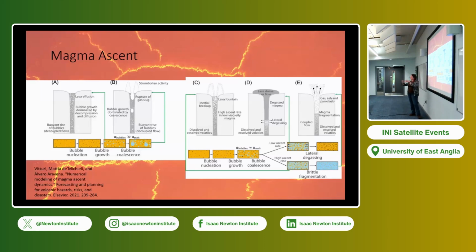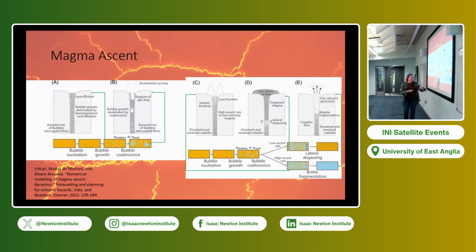Sometimes they take up the entire conduit, and when they get to the surface, they burst. So we call this kind of Strombolian activity after, obviously, Stromboli, where periodically you get these kind of little fountains of lava. So these are the beautiful ones. You know, this is Kilauea volcano in Hawaii. This is Stromboli. These are very touristic.